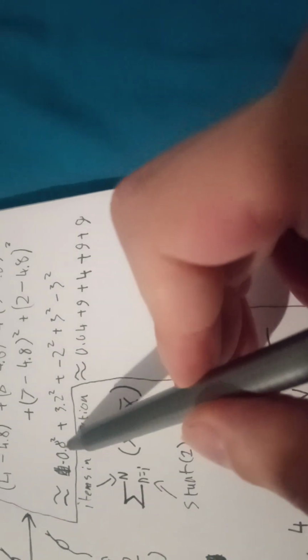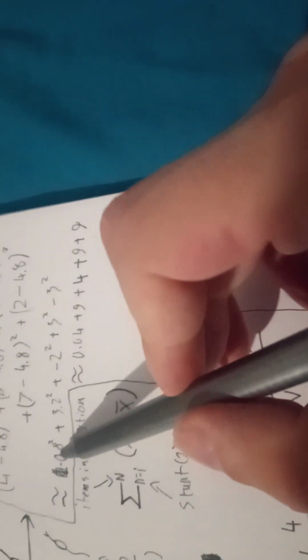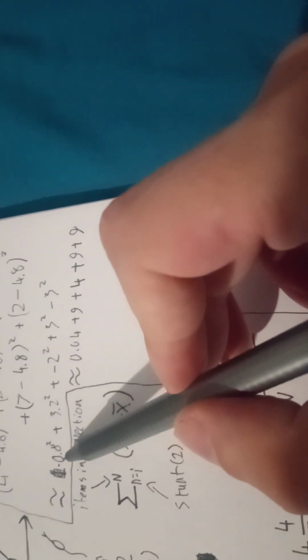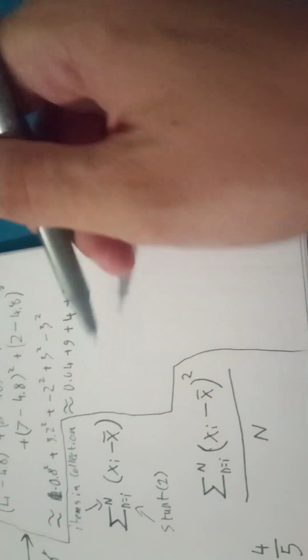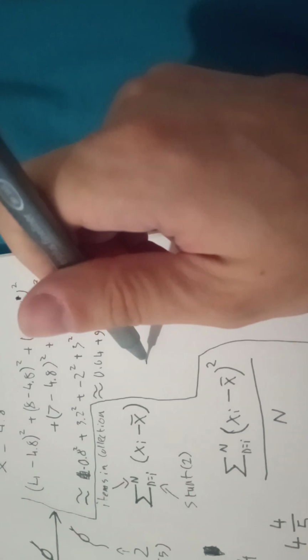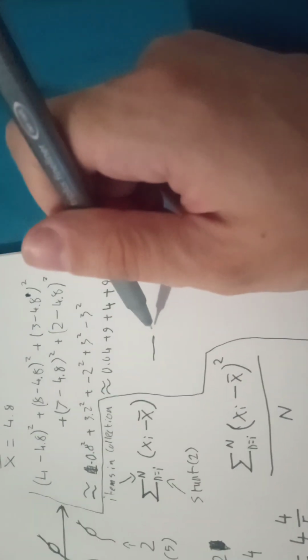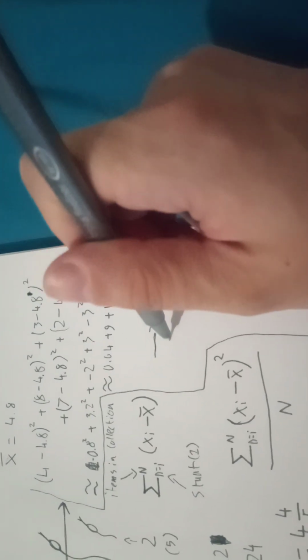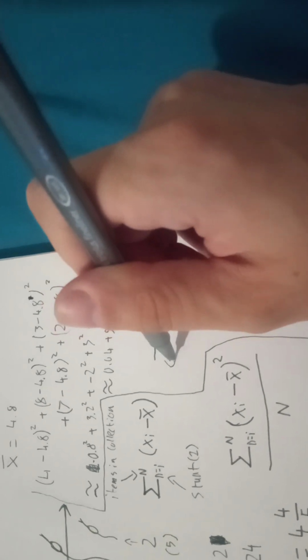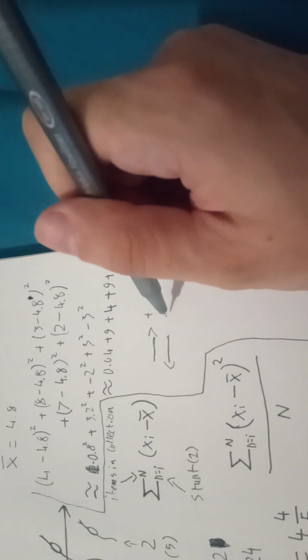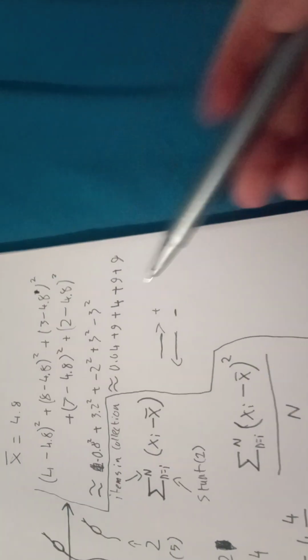Okay, so what we've done here is we've squared these numbers, right? So don't think about these as quantities. Don't think about them as numbers. Think about them as a direction, right? If you've got a path, and I say you can either go that way or you can go that way, and this one is positive and that one is negative.